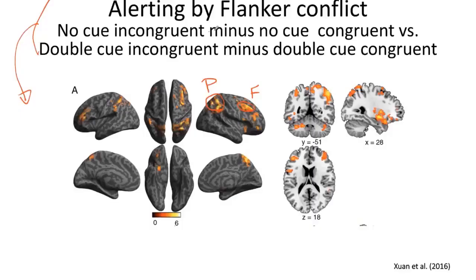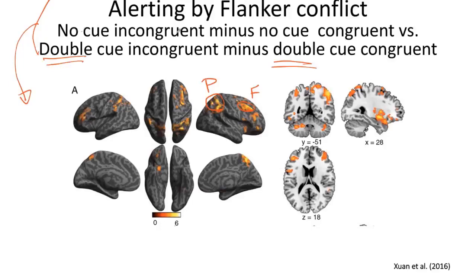Interaction contrasts in fMRI are probably one of the most complex types of contrasts that you might have. And here, by this specific interaction, it means comparing no cue incongruent minus no cue congruent. So it is the conflict. We know that incongruent minus congruent would be the conflict, compared to incongruent minus congruent again, but this one is with a double cue.